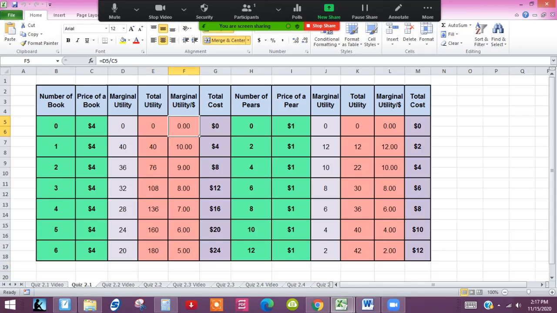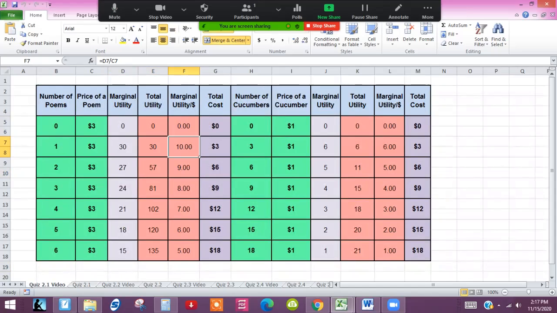What we're doing here is I've got a formula in here that divides the marginal utility by the price.